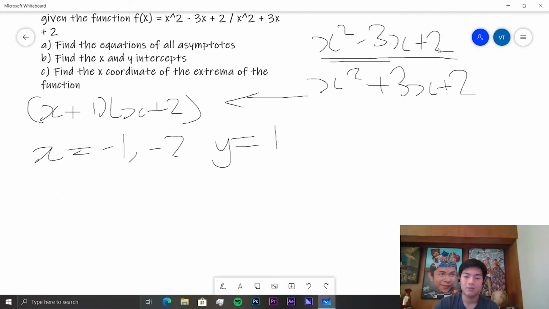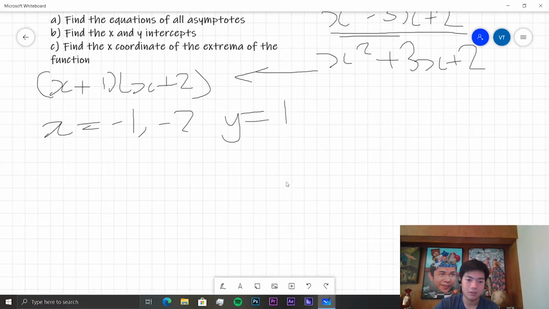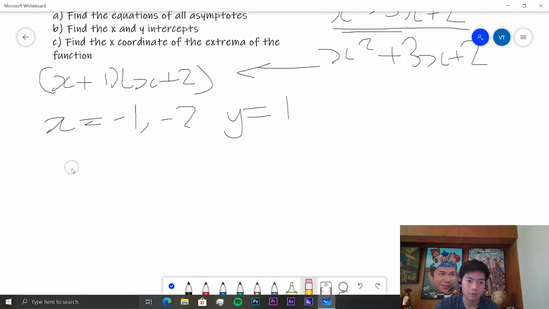So the y-intercept is when x equals 0, so this would be 2 over 2, so y equals 1. Sorry, the point 0, 1 is the y-intercept. So the y-intercept is at 0, 1.